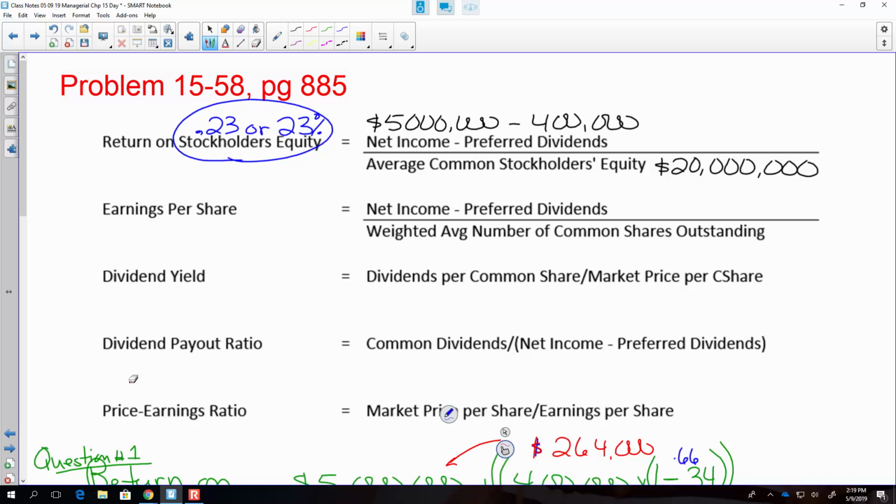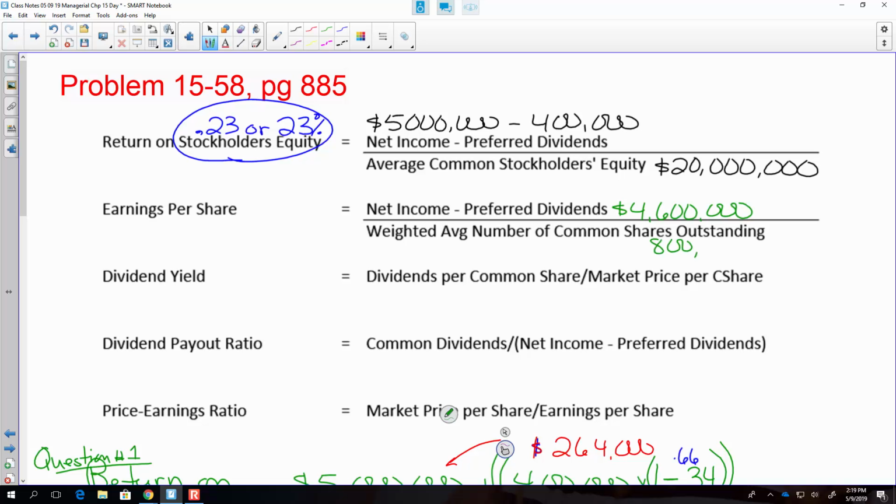Earnings per share is question number 3. Again, same numerator. I'm going to take 5 million minus 400,000 is 4.6 million. We'll change colors here. And we're going to divide by the number of shares outstanding. And that is 800,000.